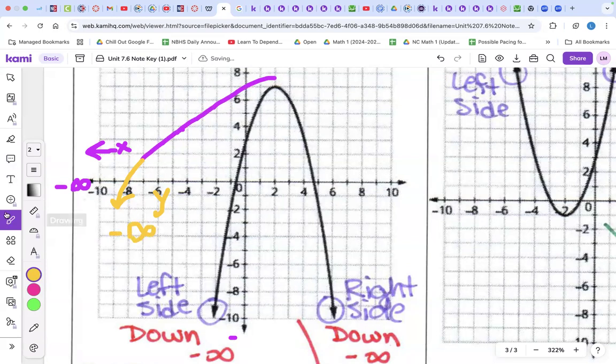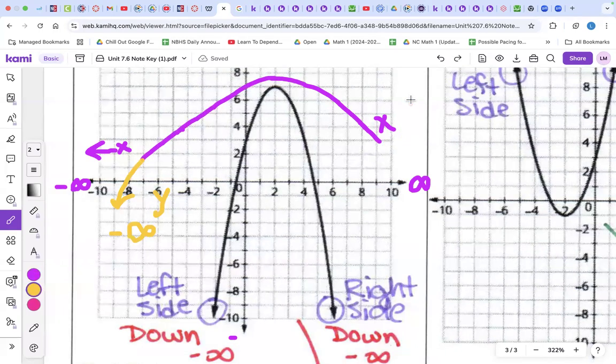Now let's look at the positive side. On the positive side, x is going towards positive infinity. But as it goes towards positive infinity for x, which way is it going for y? Somebody said positive infinity. Is it going up? No, it's not going up.